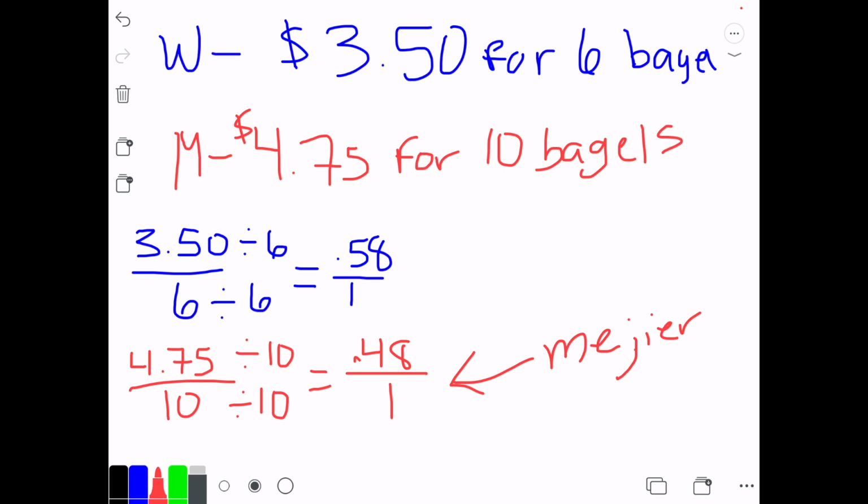Now these are just made up numbers here, so I'm not saying that Meijer is always cheaper than Walmart, but in our fake math problems, that is what has happened, okay? So you're going to do the same thing on your assignment today. You're going to compare two prices and decide which one is the better buy.